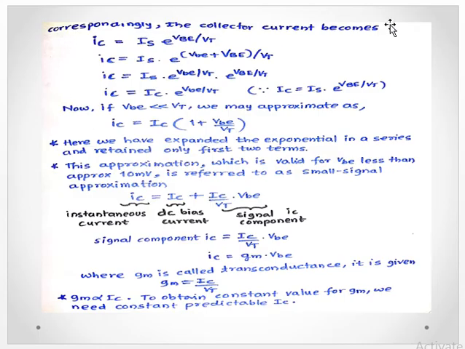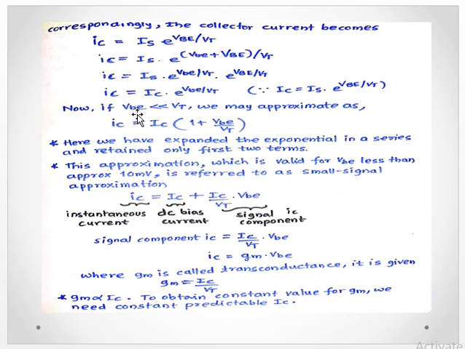Correspondingly, we know the collector current is given by IS e raised to vBE by VT, where the instantaneous voltage vBE is given by signal plus DC. Replace vBE by these two terms. IS into e raised to VBE by VT is the DC collector current IC, so the collector current is given by IC into e raised to vbe by VT.